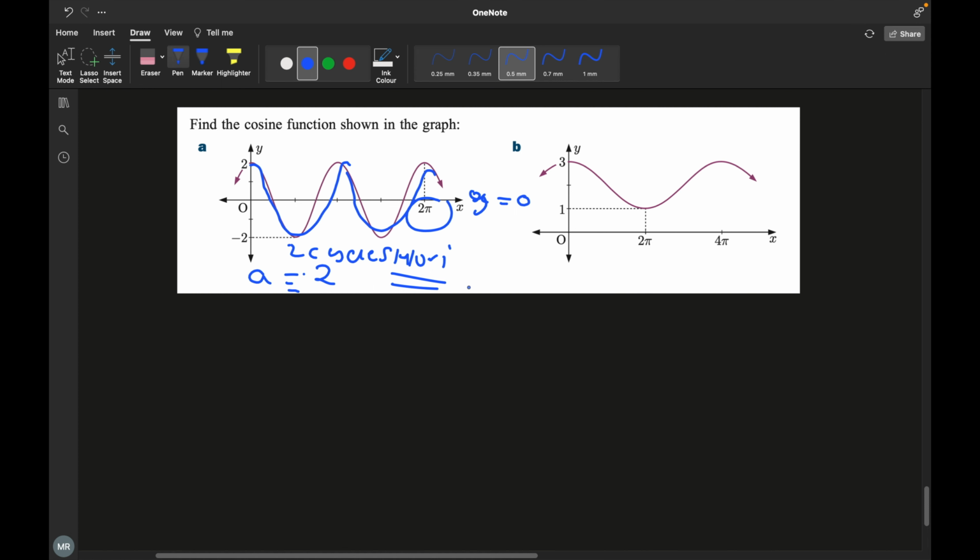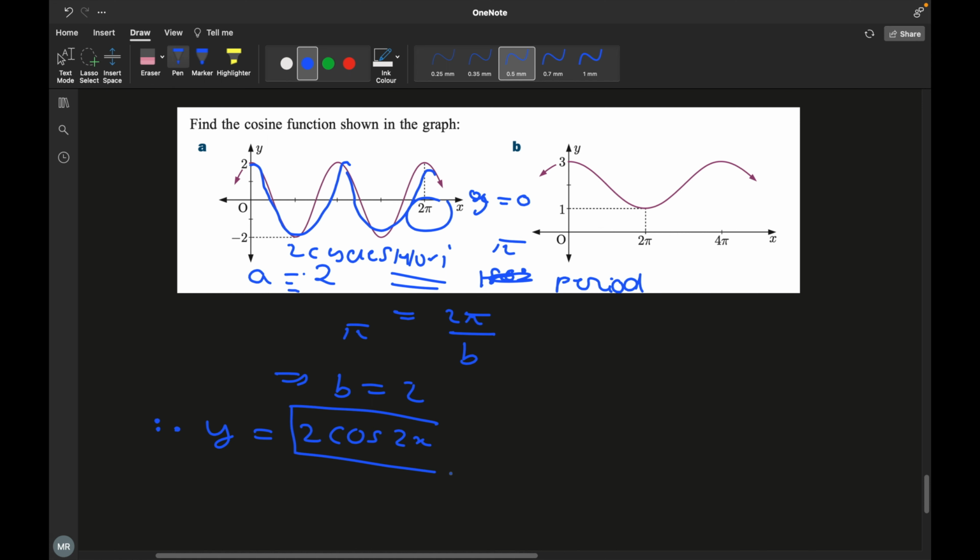So the period is pi, and we know that the period is 2 pi by b. This would mean that b is 2. Therefore, y equals the amplitude into cos 2x, so y equals 2 cos 2x. This is our answer.